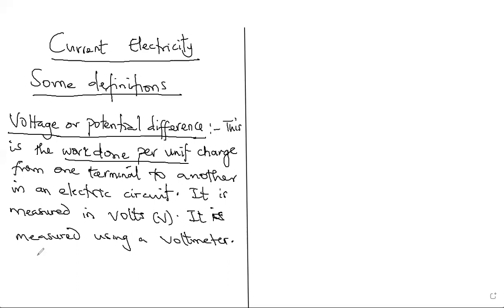So by definition, voltage equals work per unit charge, where V is voltage, W is work done, and Q is electric charge.